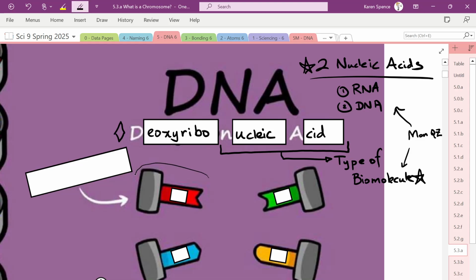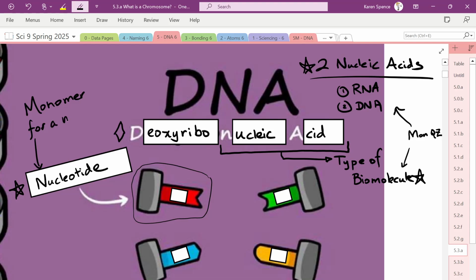What do we call one of these little things? That is a nucleotide, yes. And a nucleotide is the monomer for a nucleic acid, DNA or RNA.